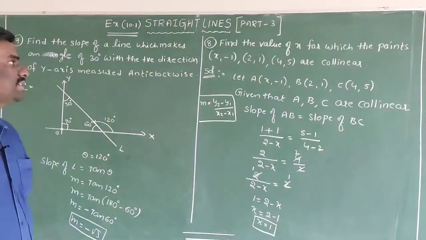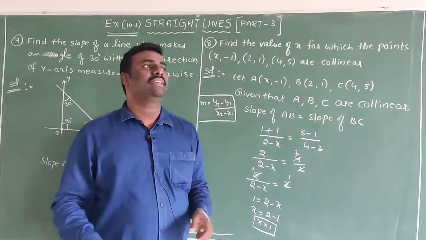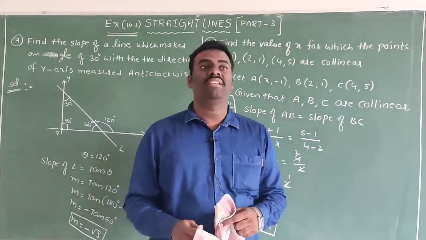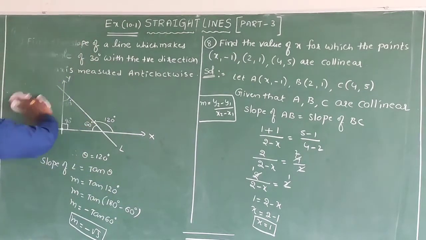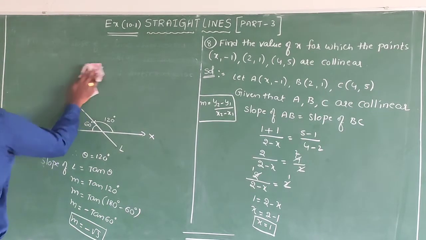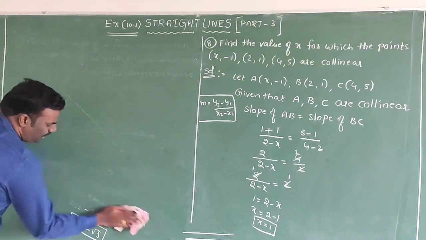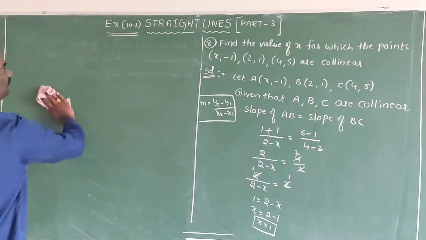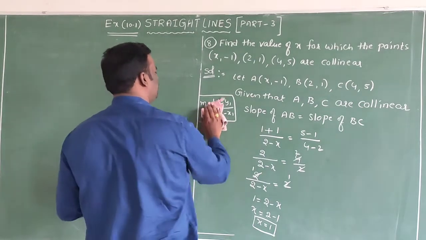Or otherwise we can apply one more condition. If the points are collinear, then the area of the triangle will be 0. So, if you apply that method also, you will get the answer. So, for collinearity, totally we have two definitions. If A, B, C are collinear, then slope of AB is equal to slope of BC.